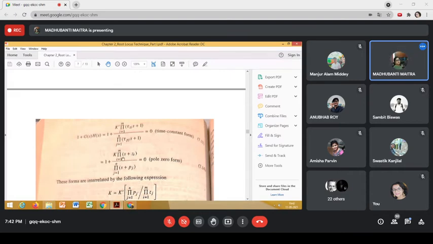That means the system has m open loop zeros, and it is a generic nth order system, which has n open loop poles located at minus pj's. So this equation can be written as K into the product of (s plus zi) divided by the product of (s plus pj) is equal to minus 1.